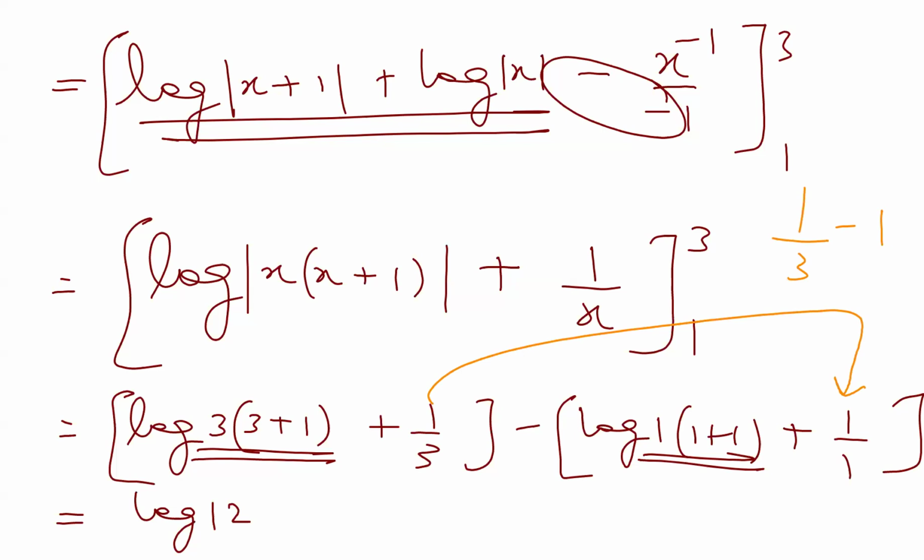What is 1 by 3 minus 1? It's -2 by 3, right? Minus log 2. Okay, I think somewhere some value has gone wrong.